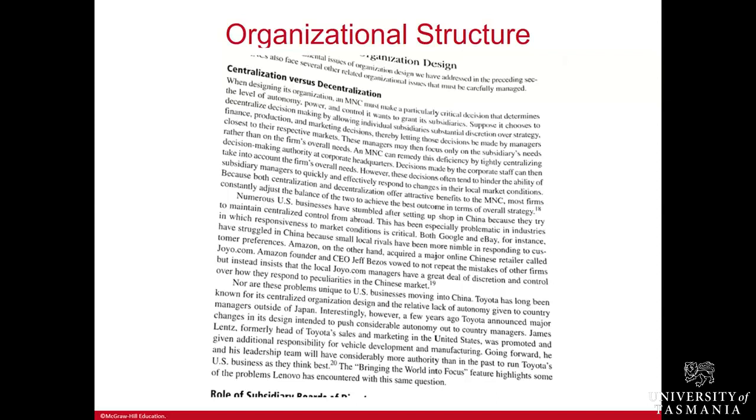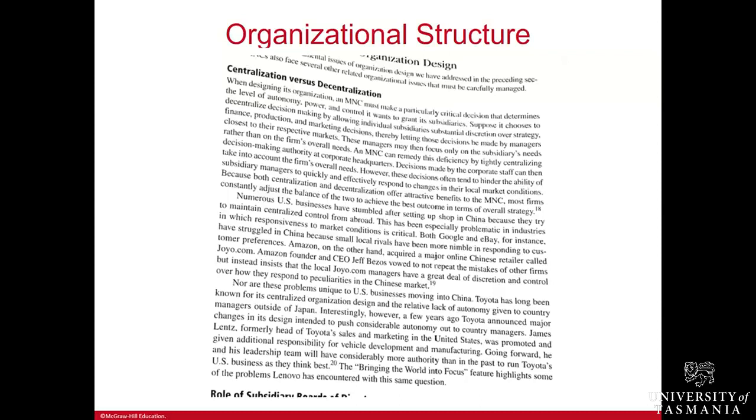If you read it, you can see that some companies apply both systems, centralization and decentralization. It also gives an example here: numerous US businesses have stumbled after setting up shop in China because they try to maintain centralized control from abroad.